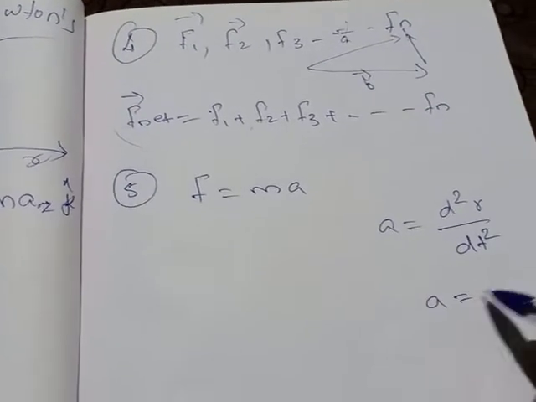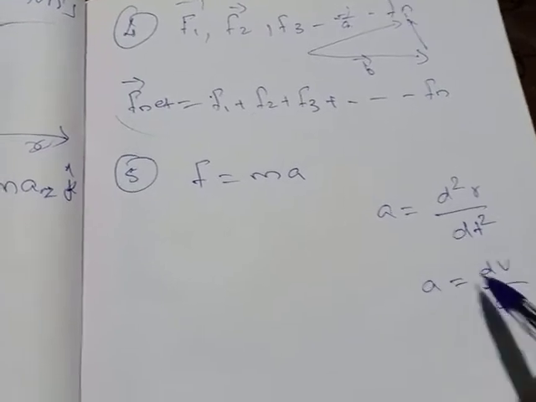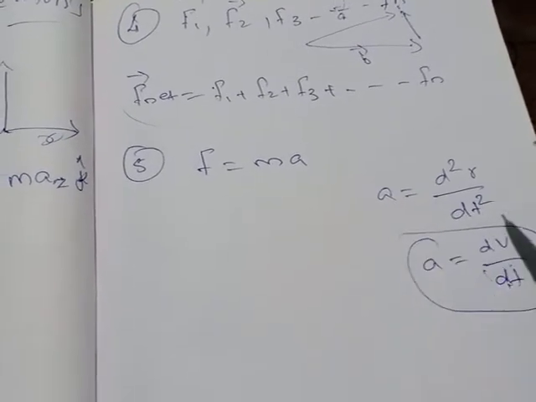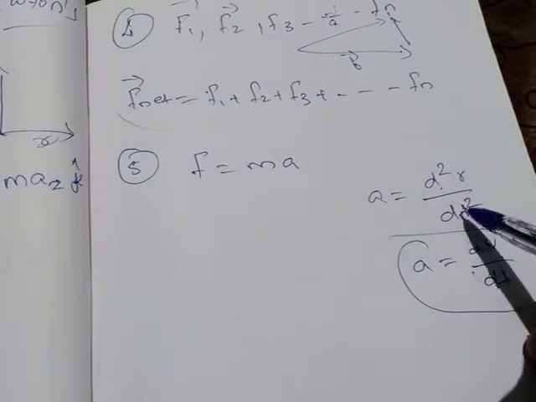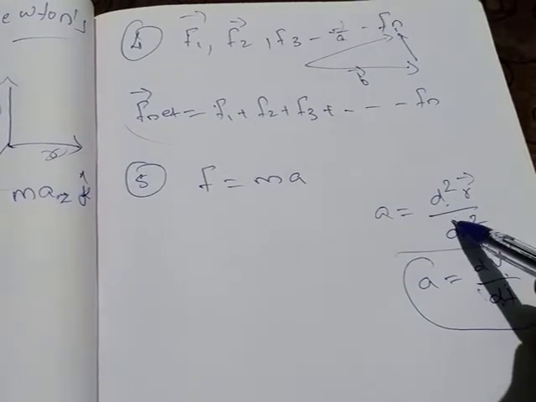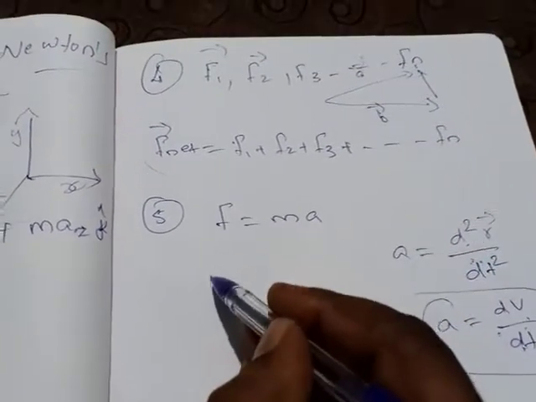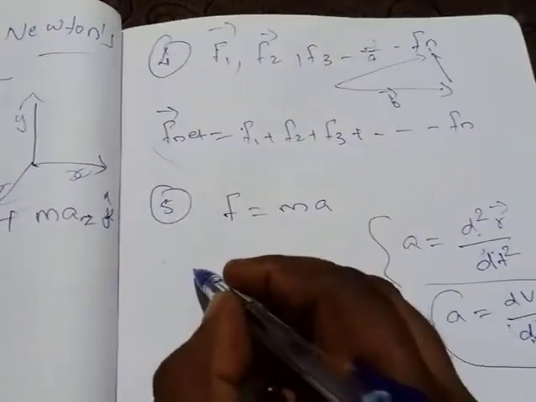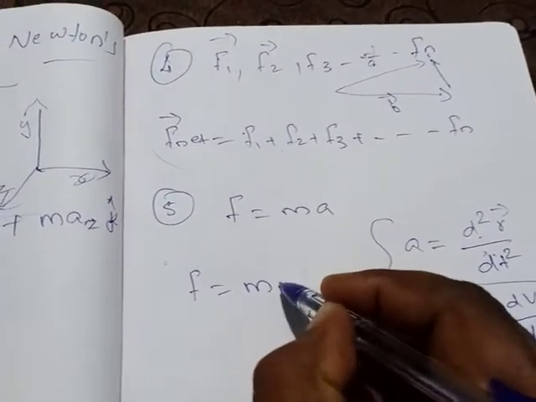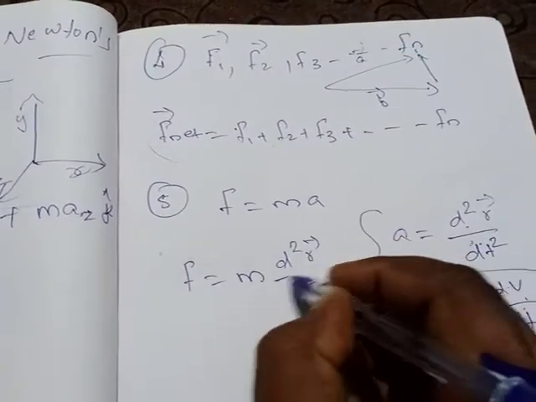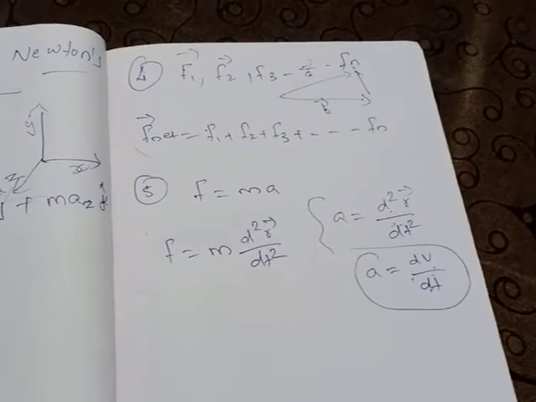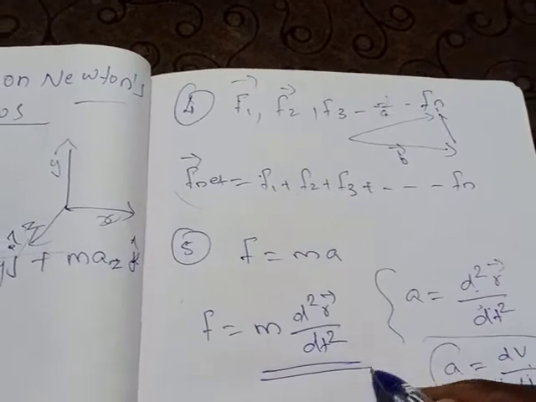We can use a is equal to dv by dt, which is the first derivative form of acceleration, and the same equation we can write as d square r by dt square, which is the second derivative form of acceleration. So you can write the equation F is equal to m into d square r by dt square. This is the fifth point.